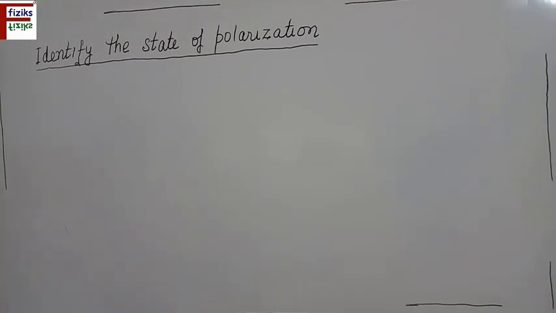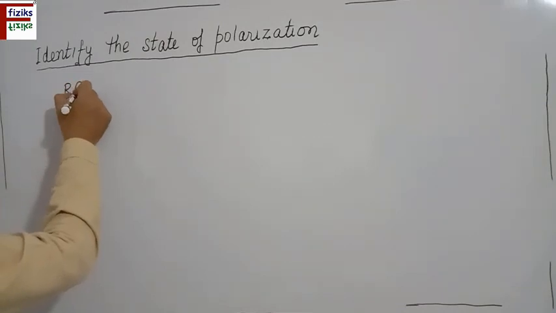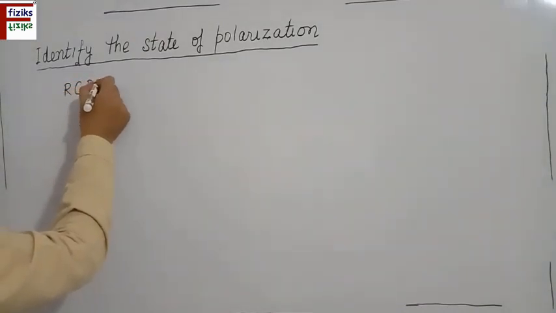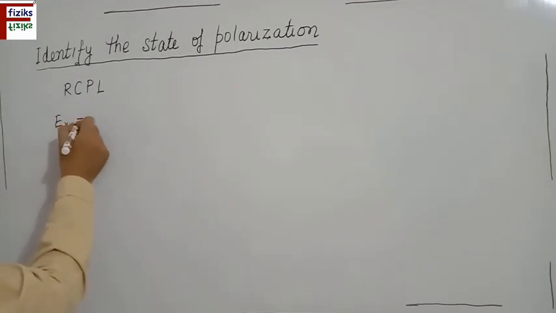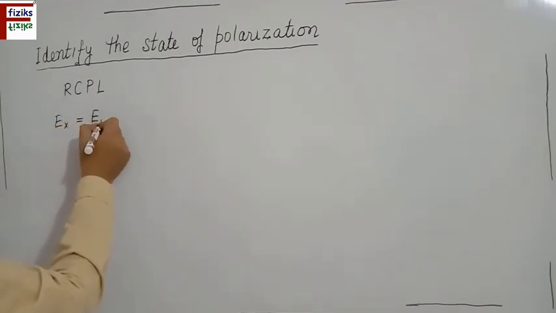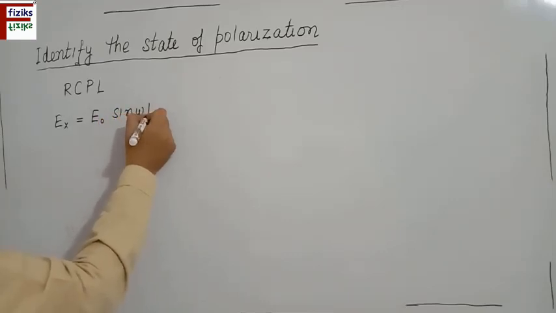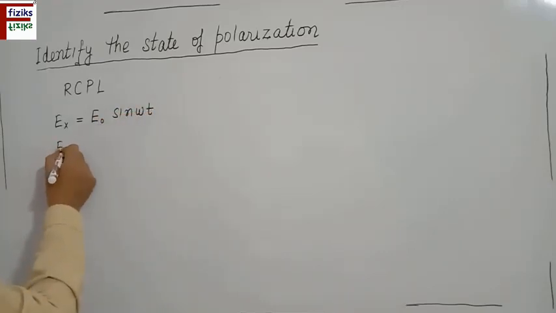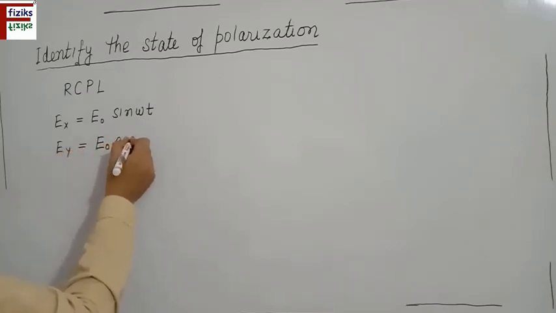If you want to write electric components for right circularly polarized light, then you can write EX equal to E naught sine omega t, and the EY component will be E naught cos omega t.